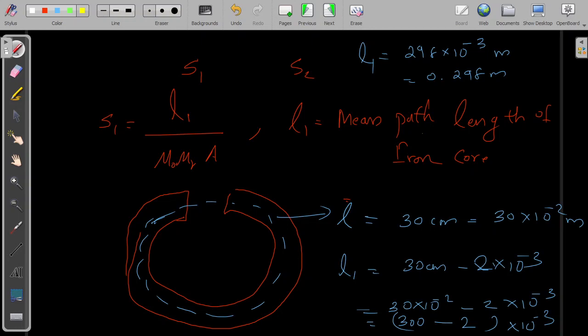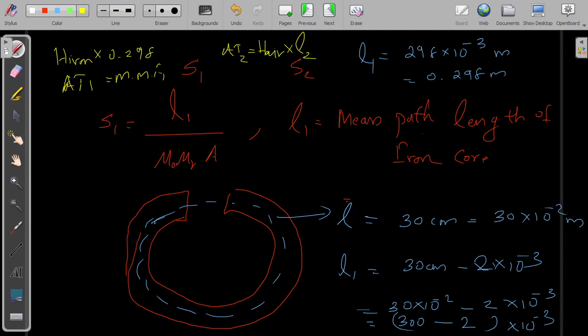So you multiply H iron into this 0.298, then you will get AT1 or mmf1. Similarly, you find out AT2 also. AT2 will be equal to H air, which you have to calculate, into the air gap length L2.